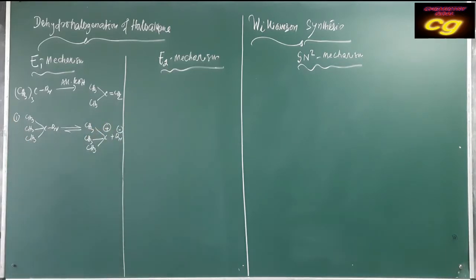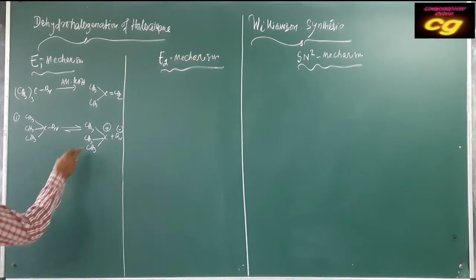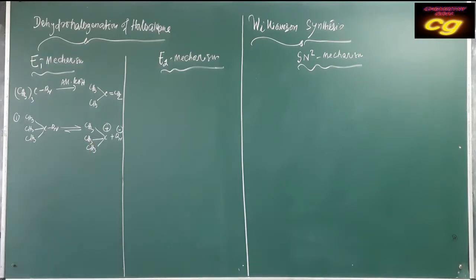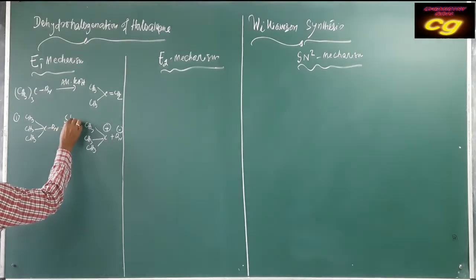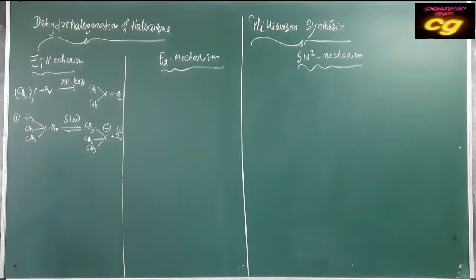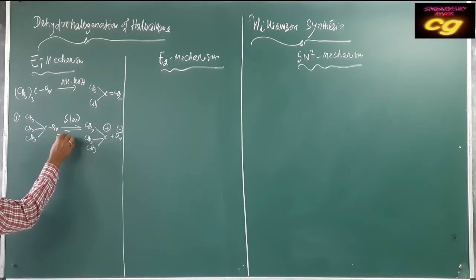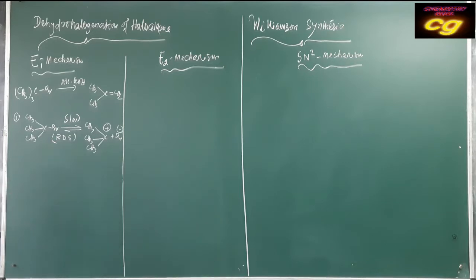This is the first step, and it is the slow step, the formation of carbocation. That means it is the rate determining step, RDS.